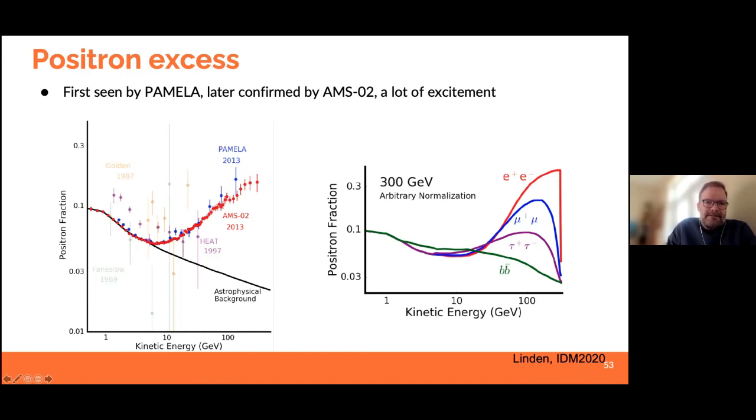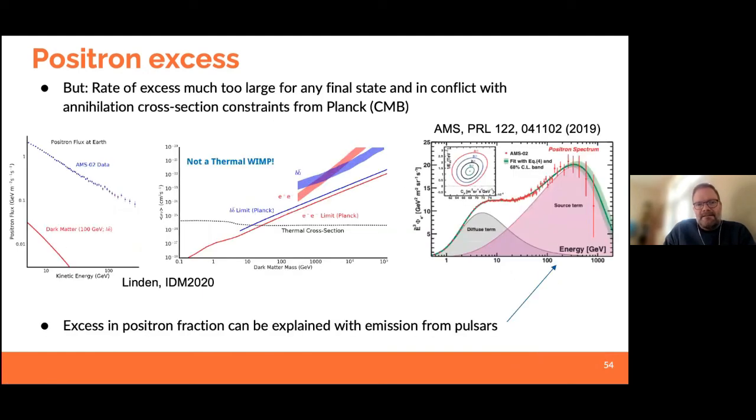It started with PAMELA, these are the blue points, and was later confirmed by AMS, so that there is this steep rise. And again, the question is, could this come from dark matter annihilation into, I don't know, electron-positron pairs, or muon, anti-muon, but eventually by the time they come here, they show up as positrons.